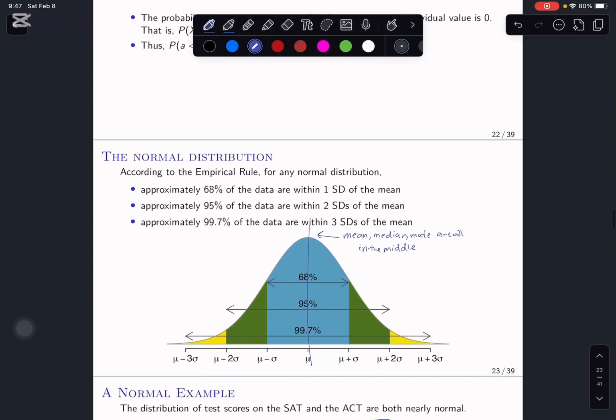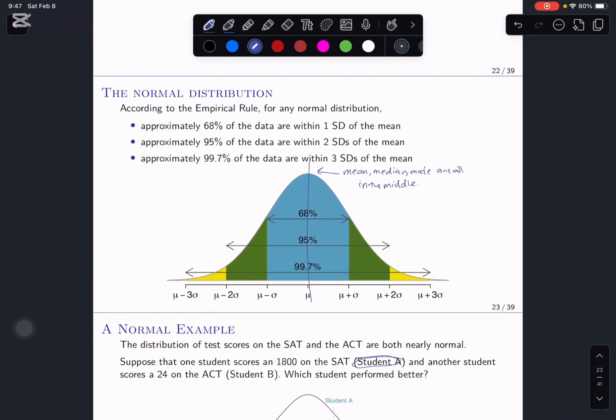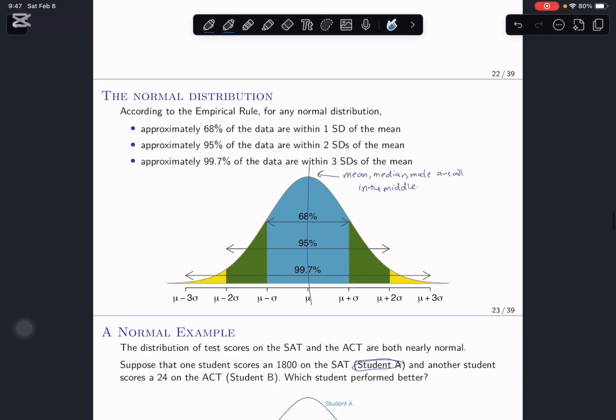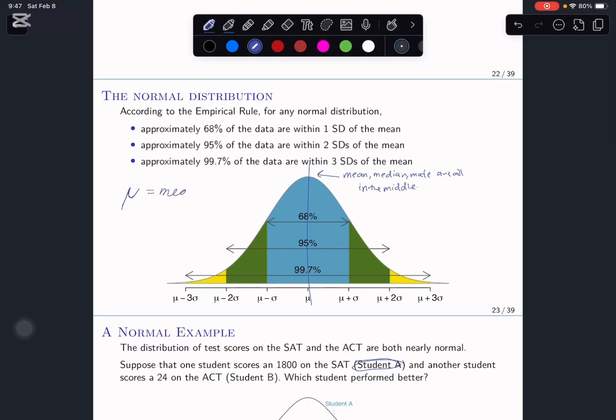One thing you need to realize about this curve is that the mean, the median, and the mode are all exactly at the middle. So what does this sign mean? This sign means the mean, right? What does this other sign mean? It basically means the standard deviation.